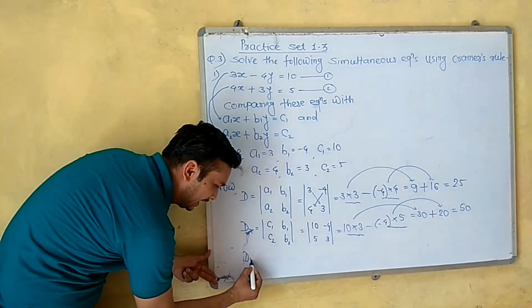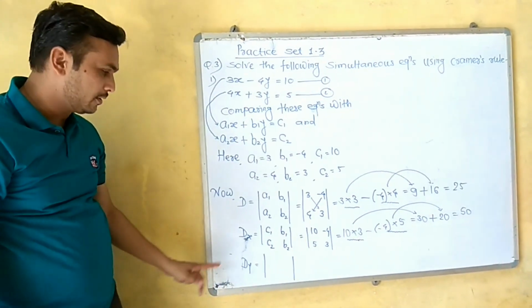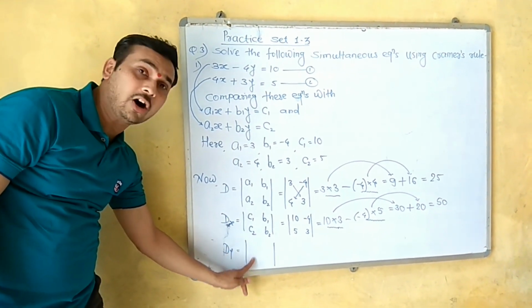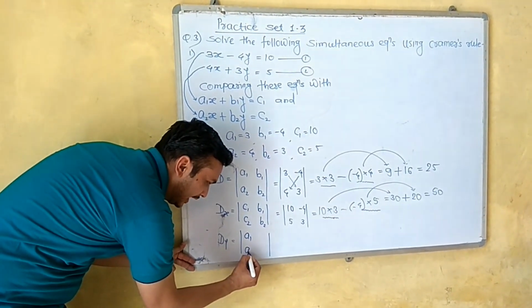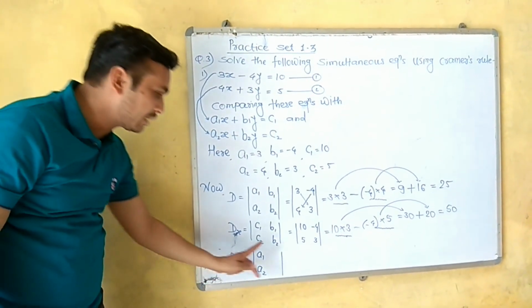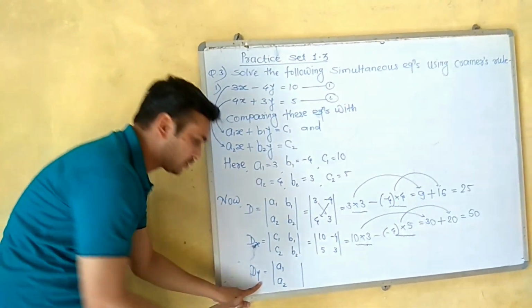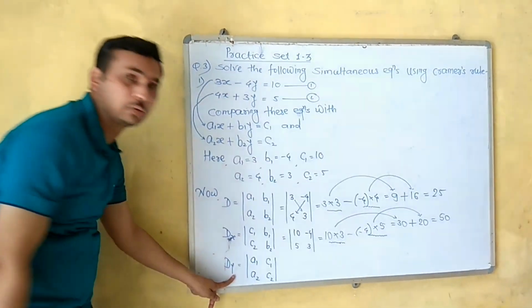Similarly, dy equals to determinant of first column is the coefficient of variable x. We will write as it is, a1, a2. Second column is the coefficient of variable y, but here y is present, so we will write here constants c1, c2.